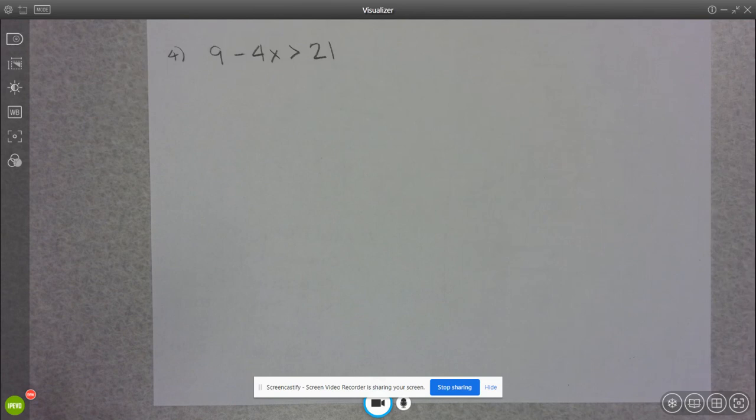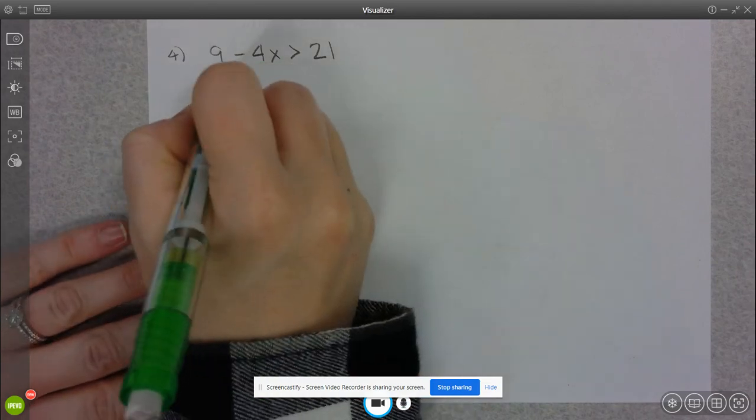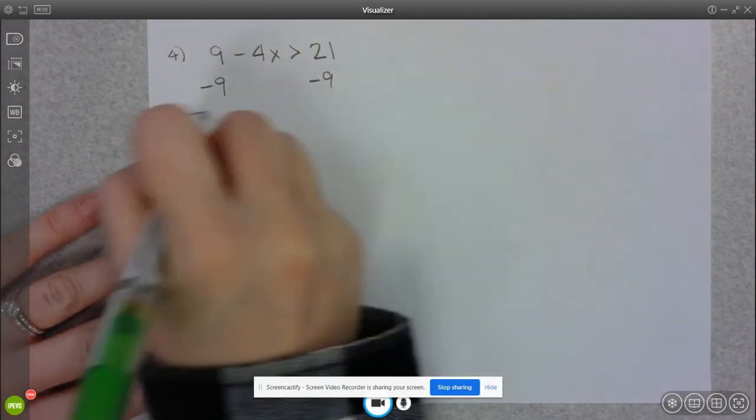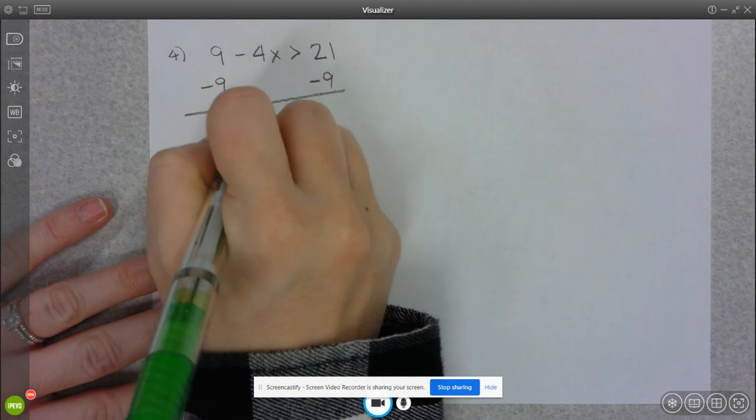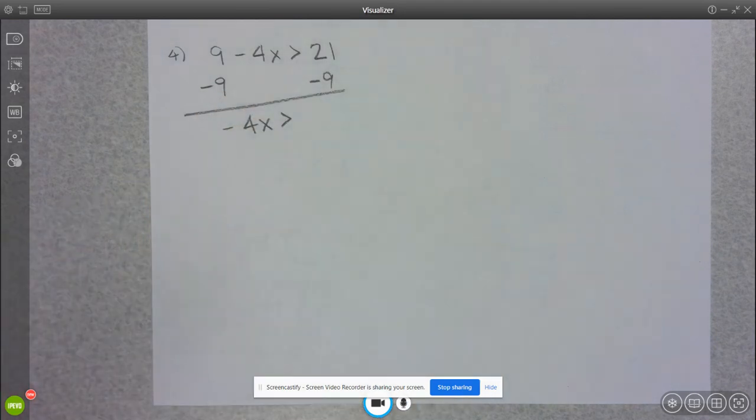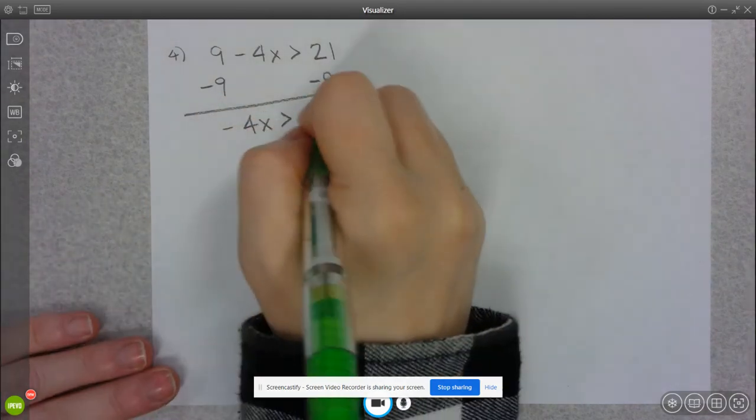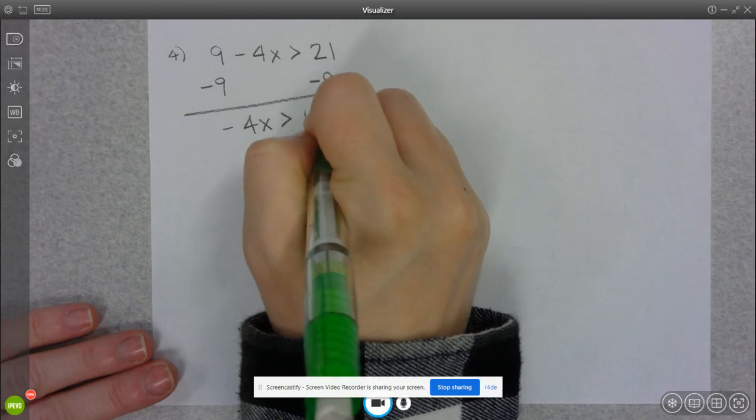And when you're done solving, start the video again and see if you get to the same answer. So I'm going to start by subtracting 9 from both sides. This is going to leave me with 12.